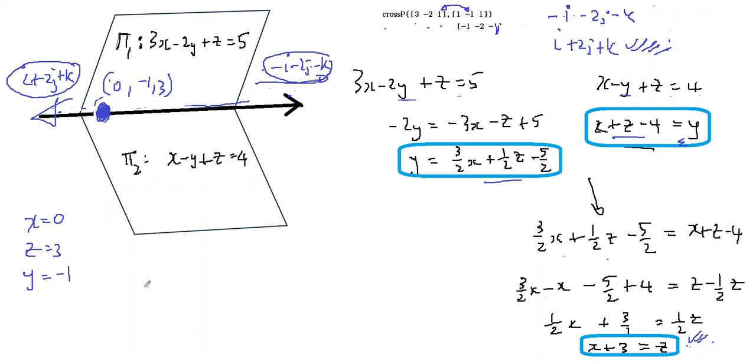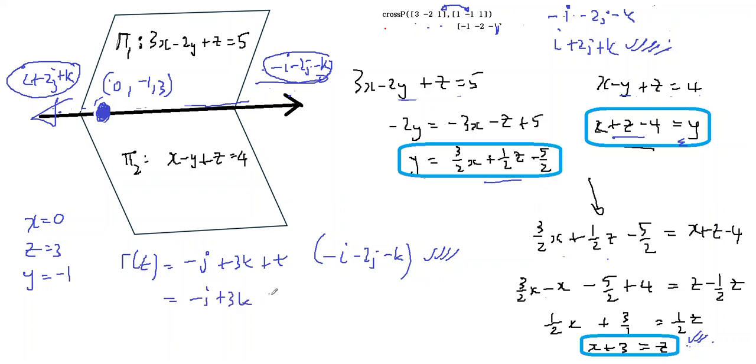So I would have acceptable answers of r(t) equals negative j plus 3k plus t times minus i minus 2j minus k, and that's perfectly correct. Or I'd also accept minus j plus 3k plus t times i plus 2j plus k.